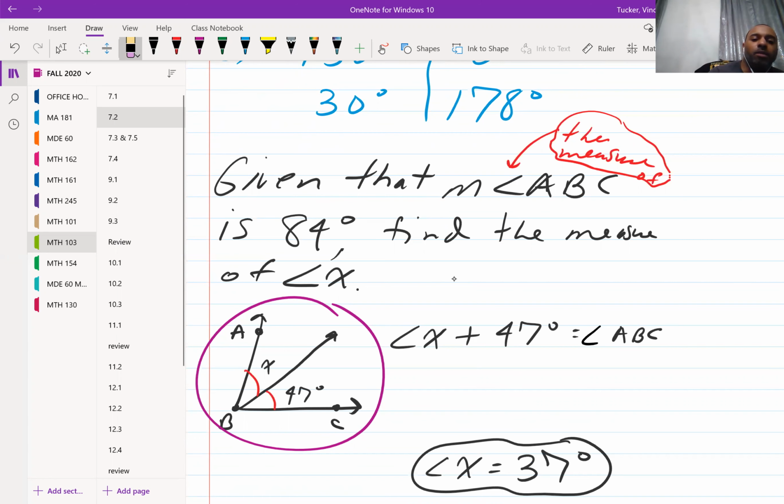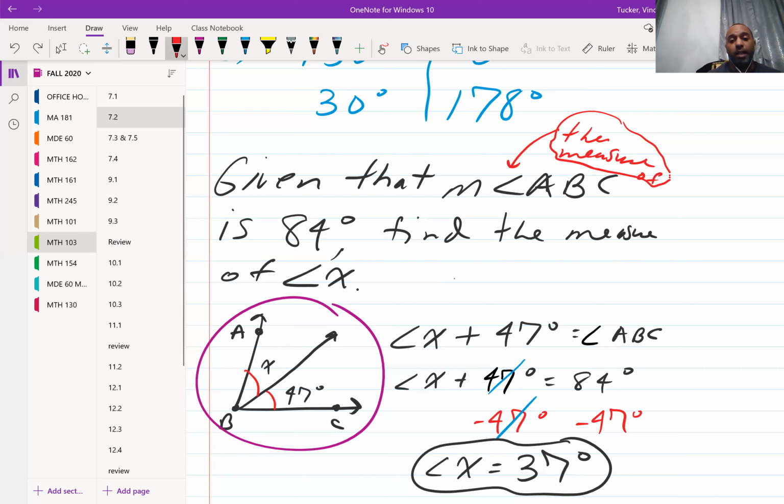They gave you the fact that this is angle X, and that this is 47 degrees, and they tell you the whole thing is equal to 84. All right, so let's walk it back. You would just subtract 47 from both sides, and you'll see that 37 is equal to X, angle X.